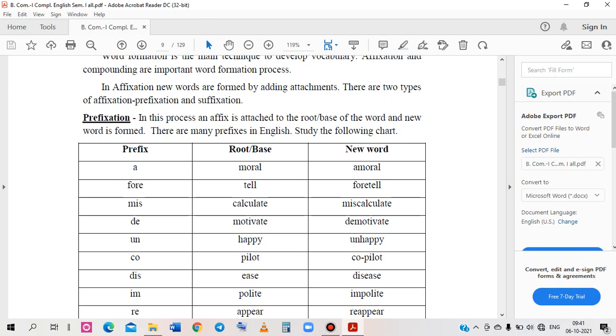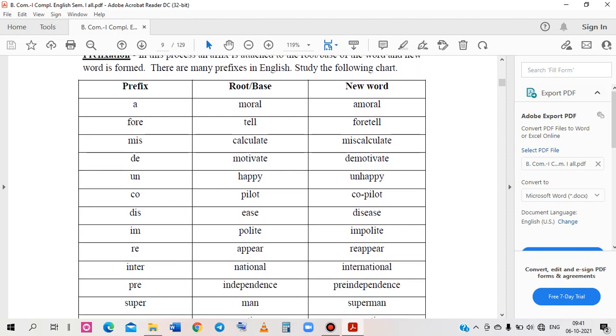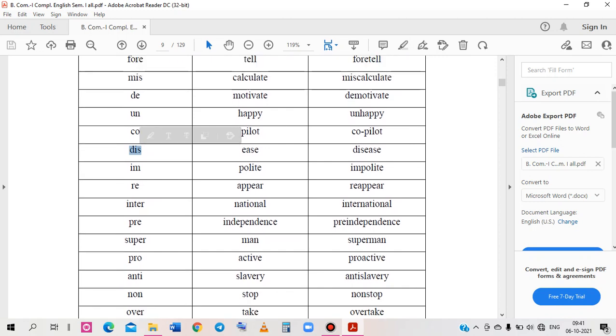Demotivate, unhappy, pilot, co-pilot: co is a prefix, pilot is a root word, and co-pilot is a new word. Ease and disease. Polite, impolite: im is a prefix.